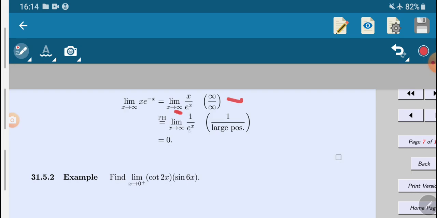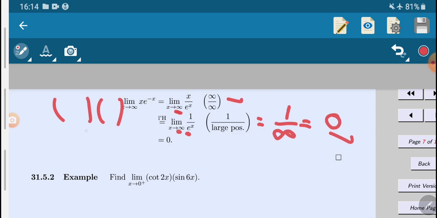The derivative of x is 1. E power x is still e power x. So replace x by infinity. E power infinity is surely infinity. 1 over infinity equals 0. So we have finished our work, and we rewrote the product style into division or quotient style.